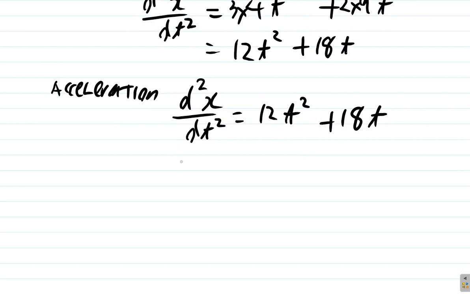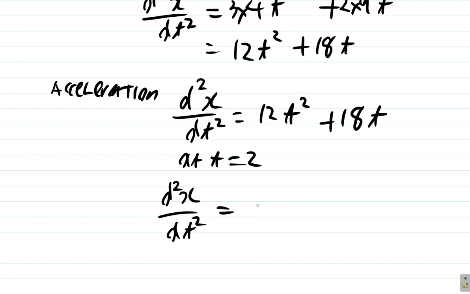Now, at t equal to 2 seconds, d squared x by dt squared, the acceleration, is 12 times 2 squared plus 18 times 2.